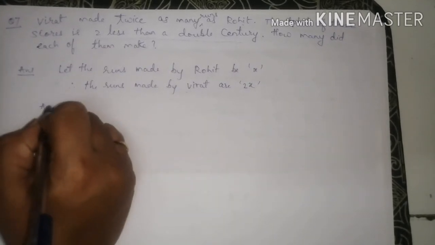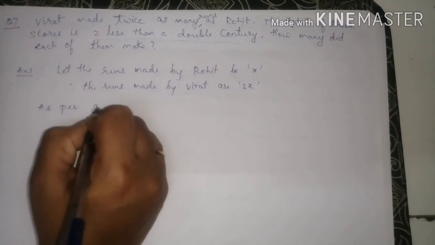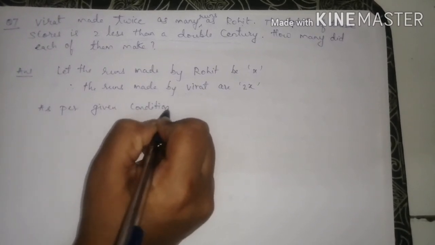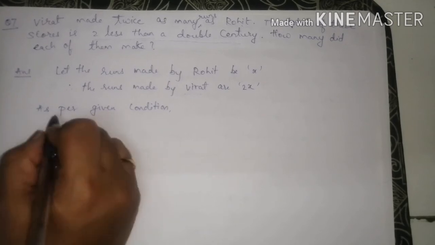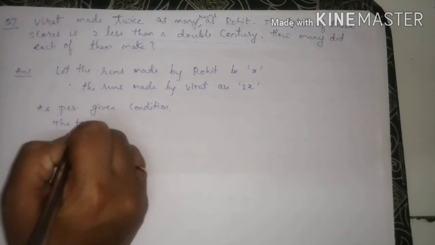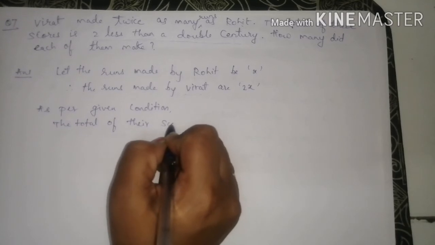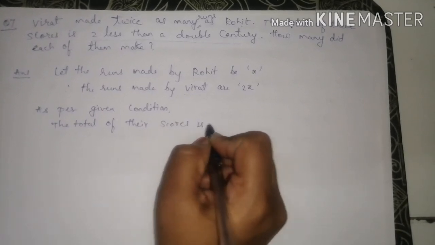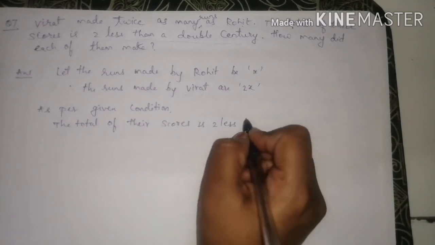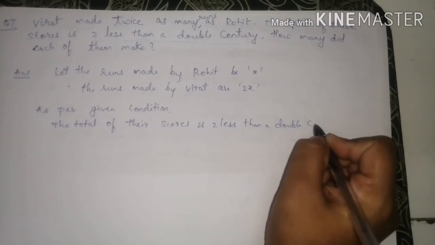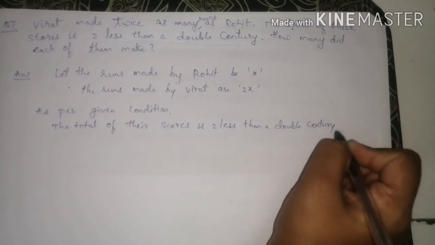Now as per the given condition, the total of their scores is 2 less, meaning 2 minus, than a double century. 1 century means 100 runs.